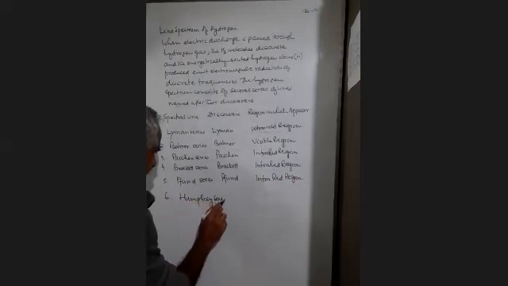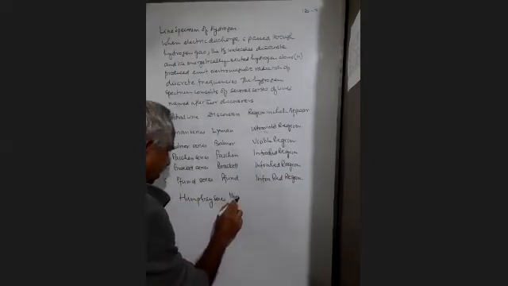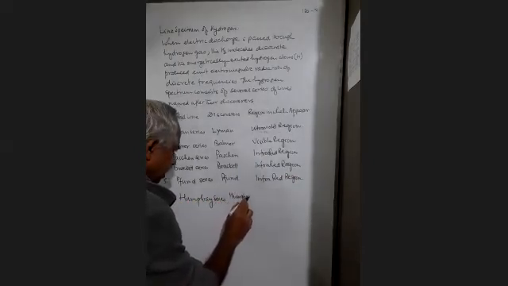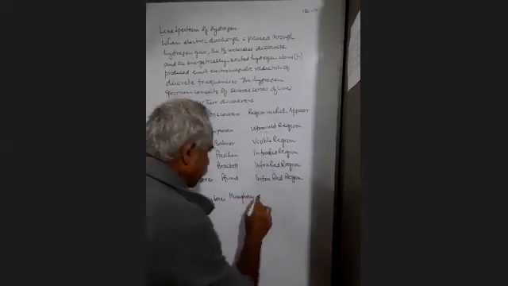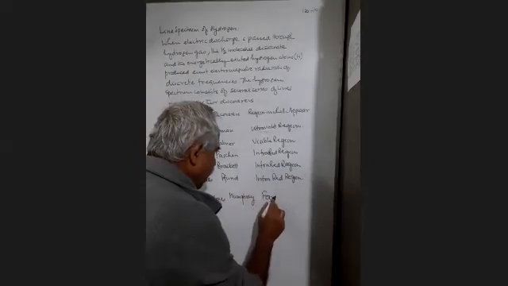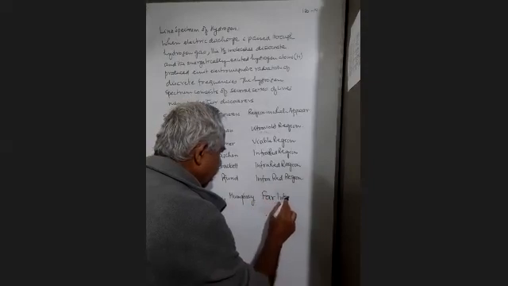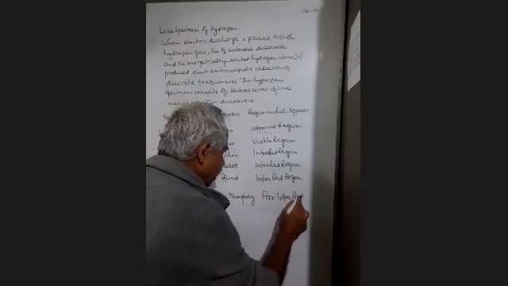I'm going to write it for your entrance exam. It's called Humphrey series. Humphrey series is discovered by Humphrey. This is found in far infrared region.